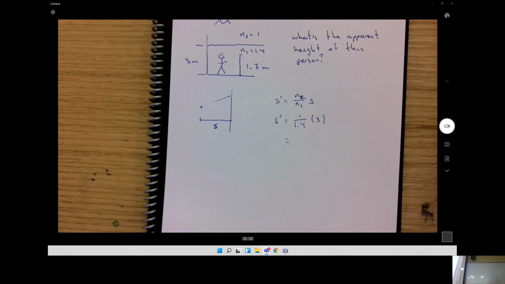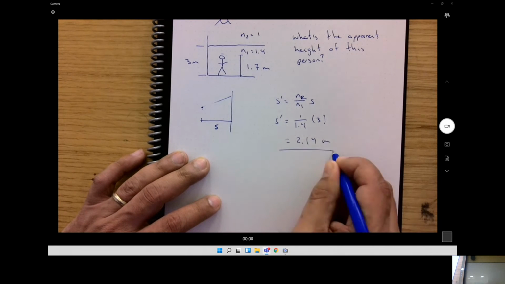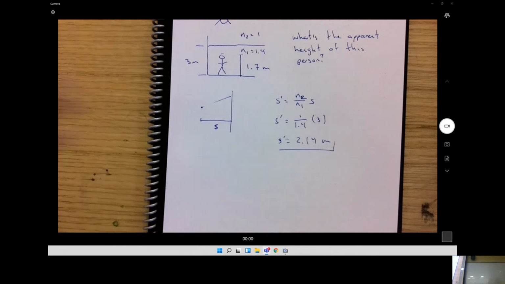You got it? What did you get? 2.14 meters. Okay, so the pool will appear to be 2.14 meters in depth instead of the actual 3 meters.